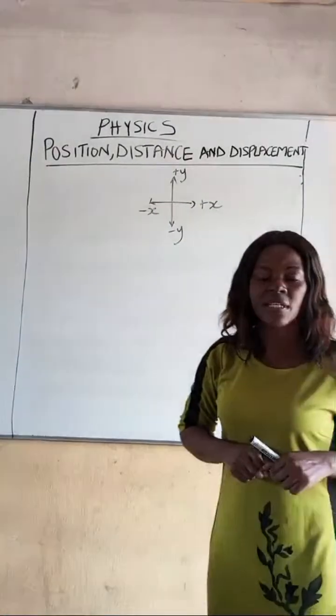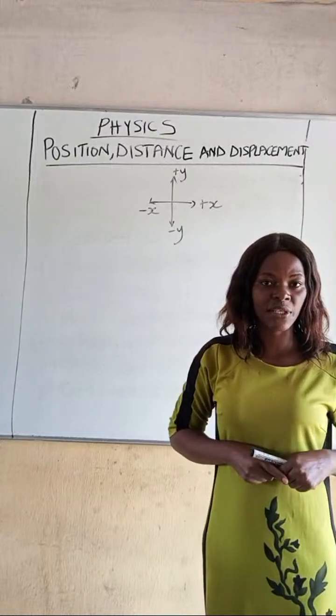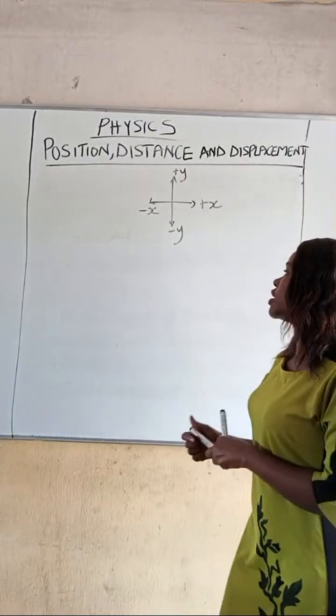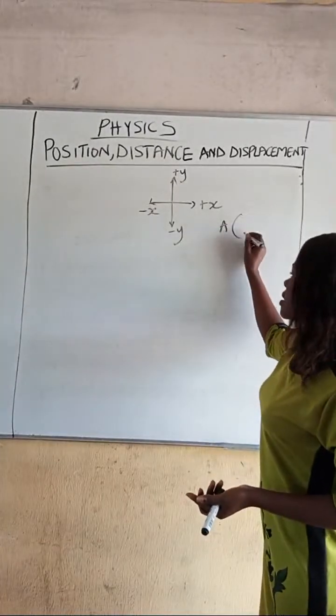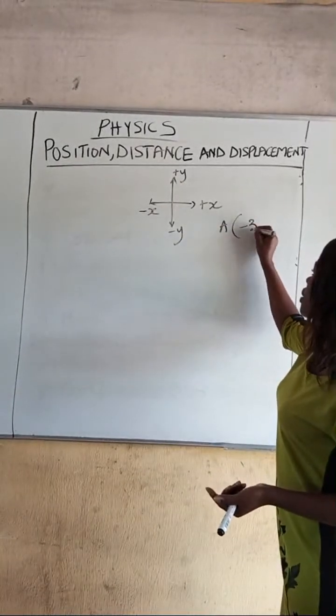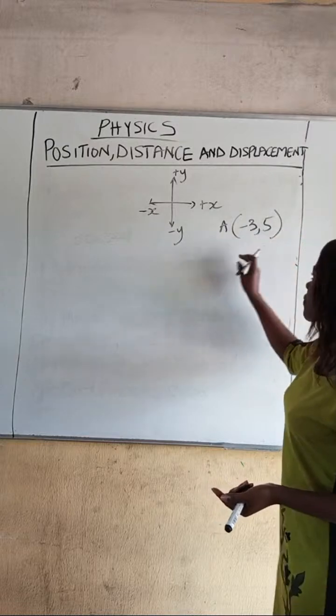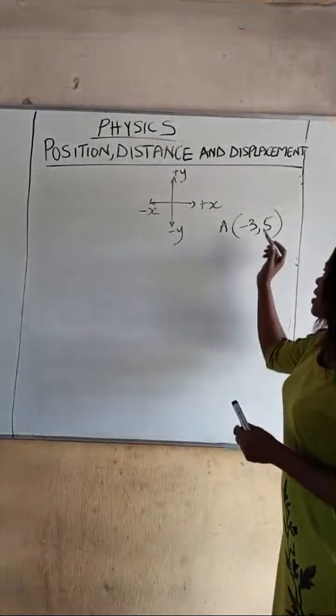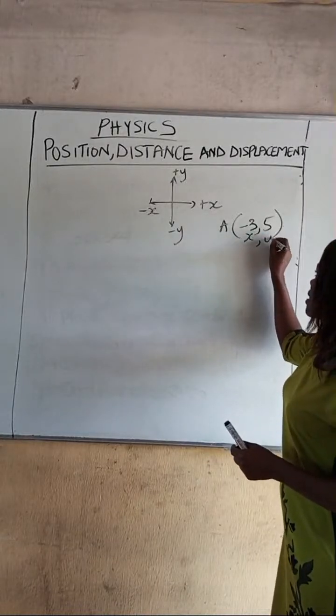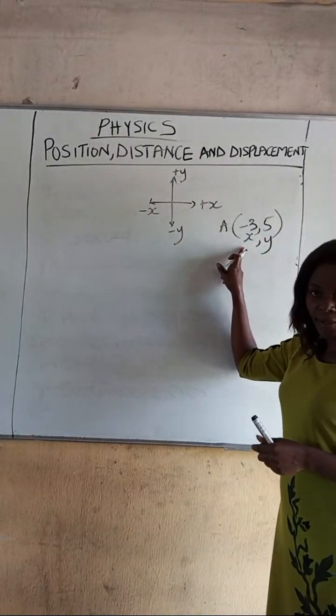Now, if you have this, how can you locate an object? For example, if they said an object A has the coordinate of -3 and 5, one thing must come to your mind. What is that one thing? That this is x and this is y, right?